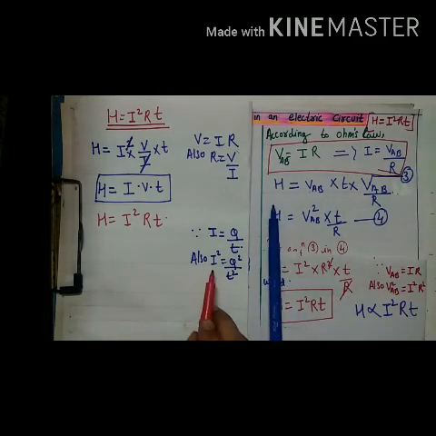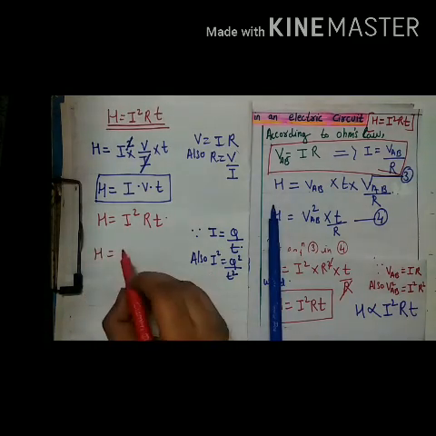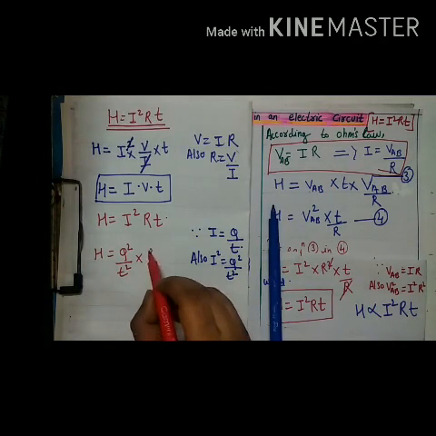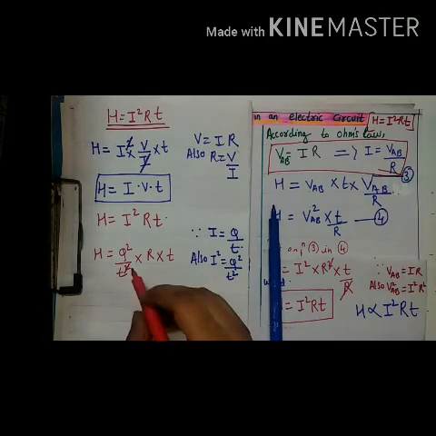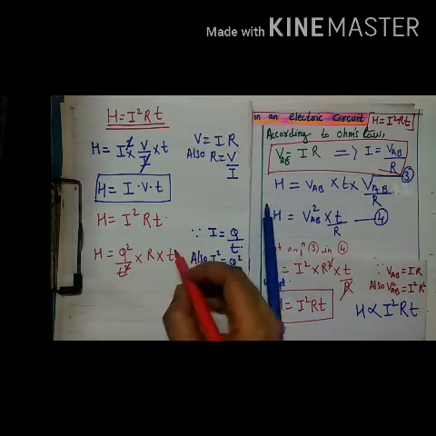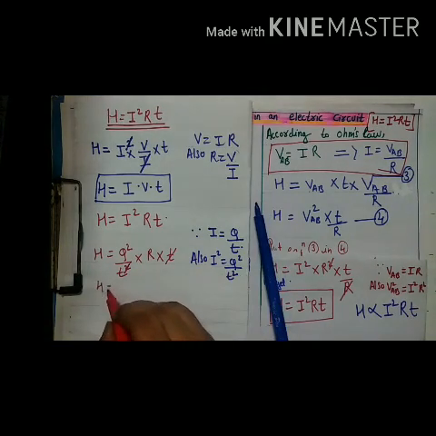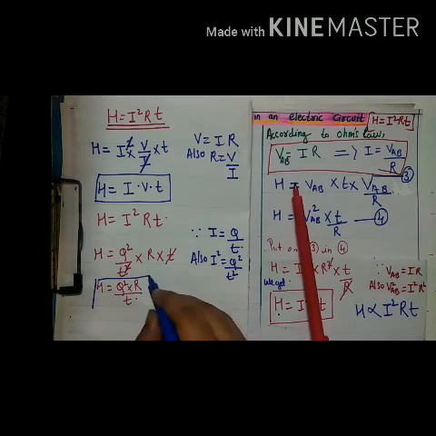Substituting the value of I², we get H = Q² upon T² multiplied by R into T. One T from the denominator and this T get cancelled and the formula of heat can be given as H = Q²R upon T. So this will be the third formula.